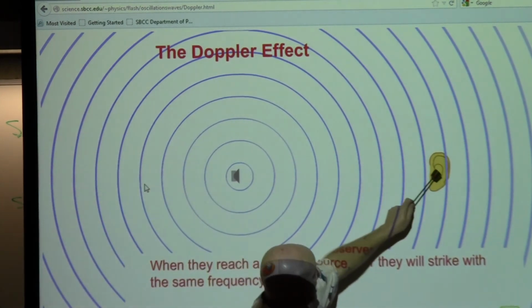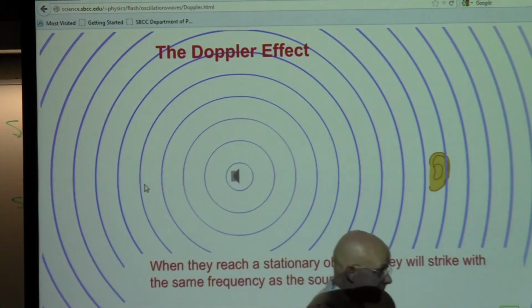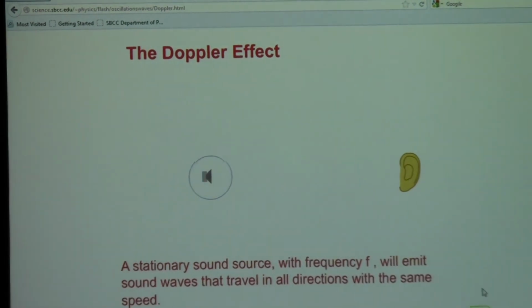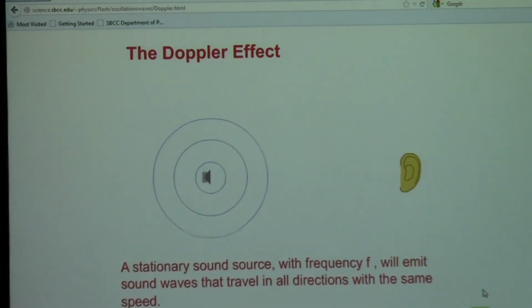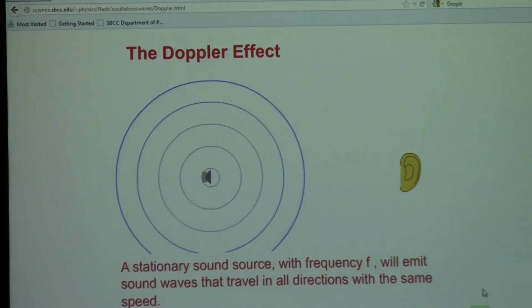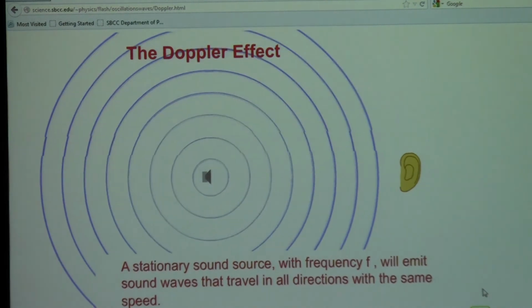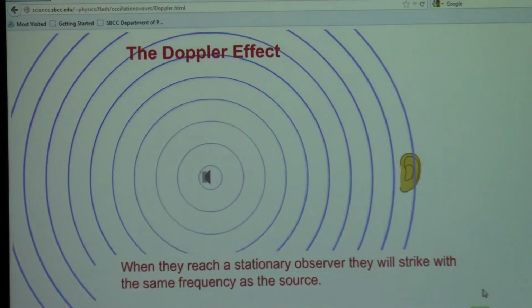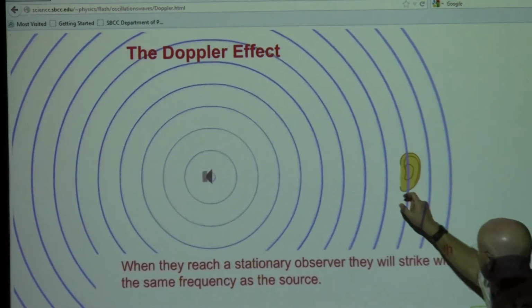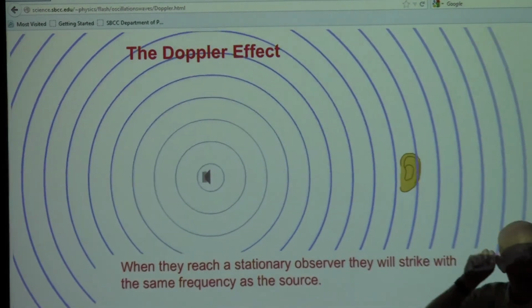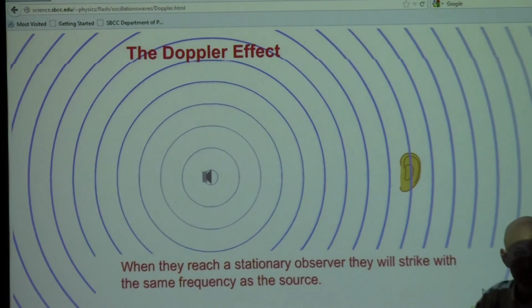And that means this ear over here, as hopefully you saw in the animation, would be struck 1,000 times a second. That's the real frequency. The real frequency is 1,000. That's illustrated by this little flash of red. This is what the ear hears 1,000 times every second. Pulse, pulse, pulse, pulse.